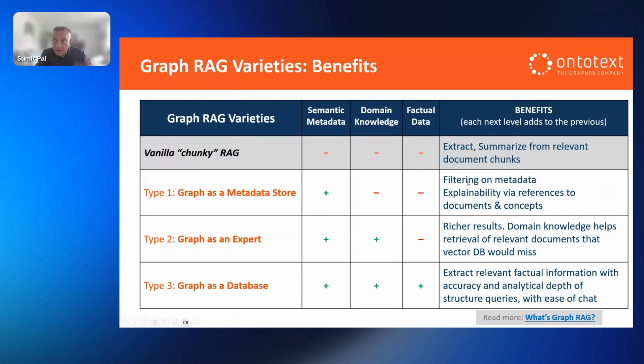You can filter your data not just on something, but on your metadata. It provides you explainability. Graph as an expert gives you much richer results because it's enhanced with a lot of the domain-specific data, which something a plain vector database would not be able to do. And then graph as a database, where you are getting a lot more factual information from your relational or from your data lake related data stores.